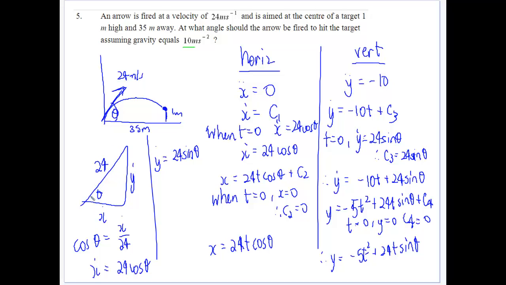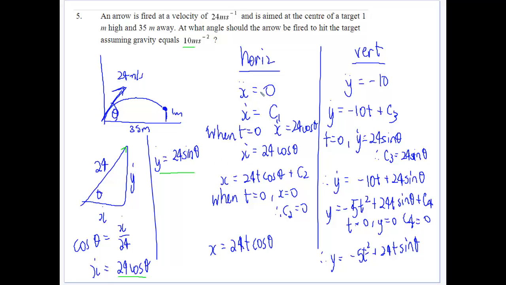24 is the initial velocity. That lets us get our vertical velocity and horizontal velocity from that statement. We know x dot on 24 equals cos theta, so the horizontal velocity is 24 cos theta. Similarly, the vertical velocity is 24 sine theta.